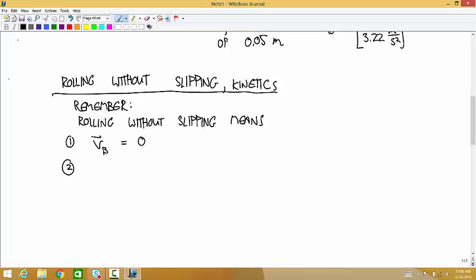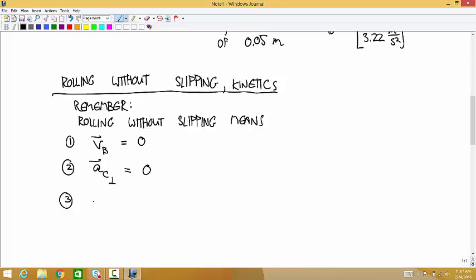What's another one? That's right. So that's just another way of saying that the acceleration of the center is parallel to the surface. It's not bouncing up into the air. So the perpendicular part of the acceleration of the center is equal to 0. And then there's one more. The acceleration at contact parallel is 0?